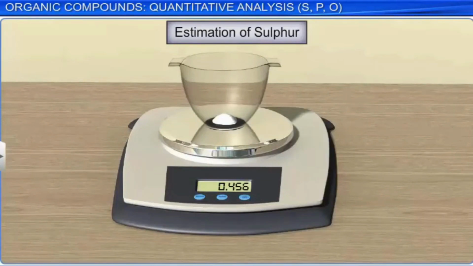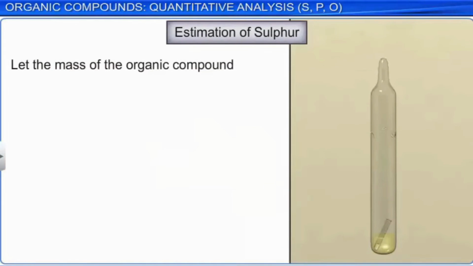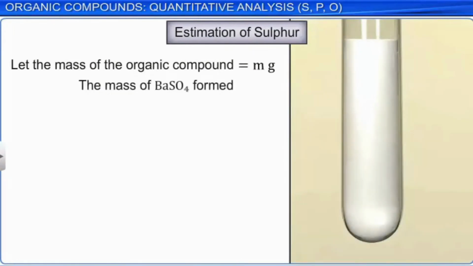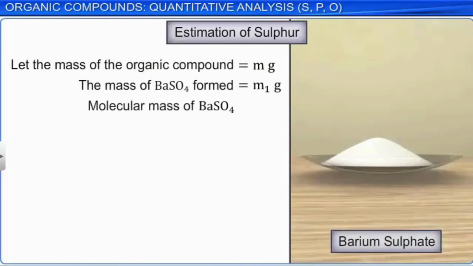Let the mass of the organic compound taken be m grams. The mass of barium sulfate formed is m1 grams. We know that the molecular mass of barium sulfate is 233 grams. And the amount of sulfur in 1 mole of barium sulfate is 32 grams.